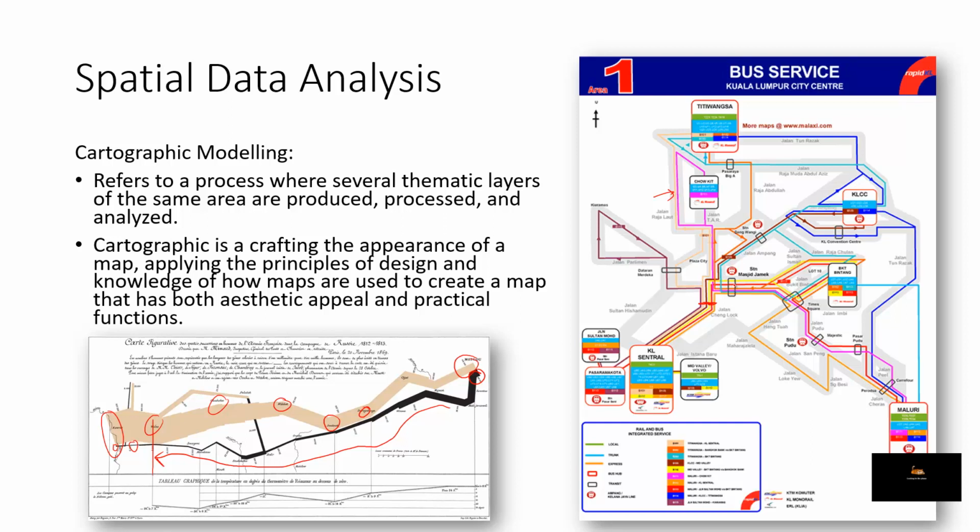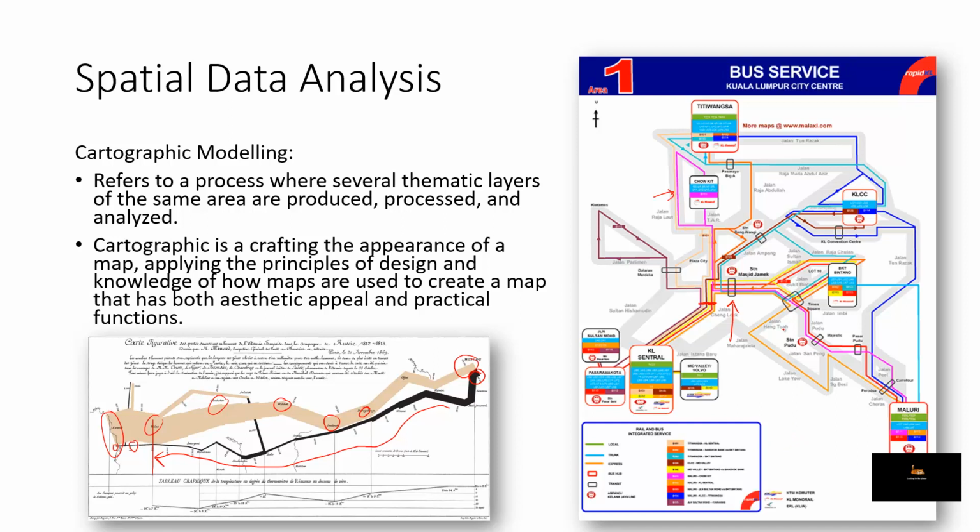It has several interchange lines right here where you can change buses and so on to go from one destination to another. So this one is more easily understood than the actual geographic representation.